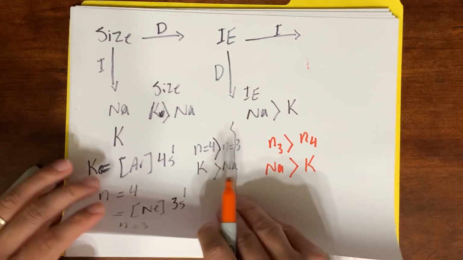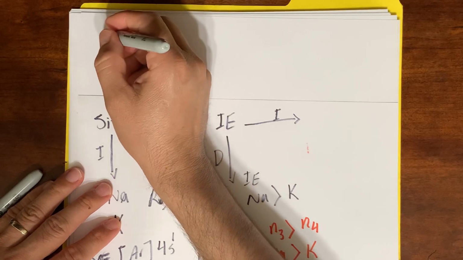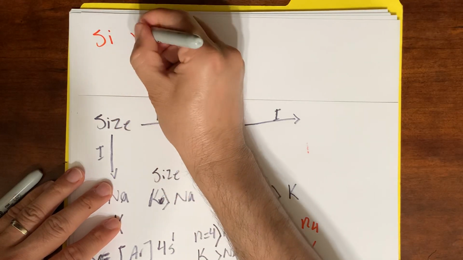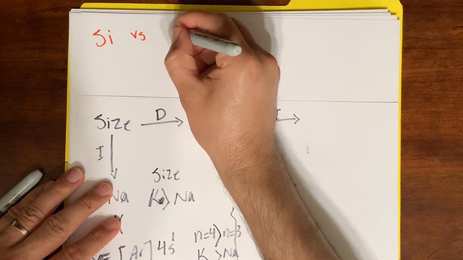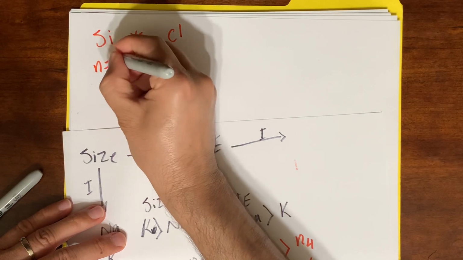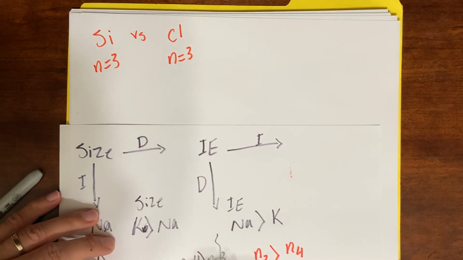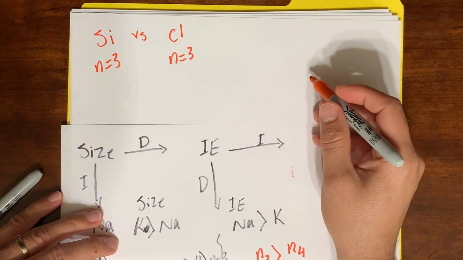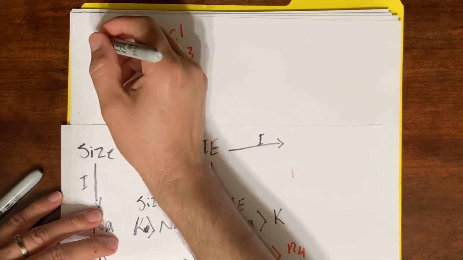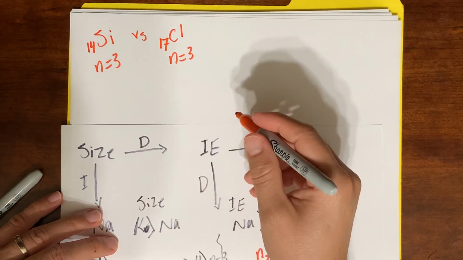How about, let's say, silicon versus chlorine. Silicon belongs to N equal 3, chlorine N equal 3. To the right side of the periodic table, size is getting smaller. This one has 14 protons, that one has 17. Both of them belong to N equal 3.